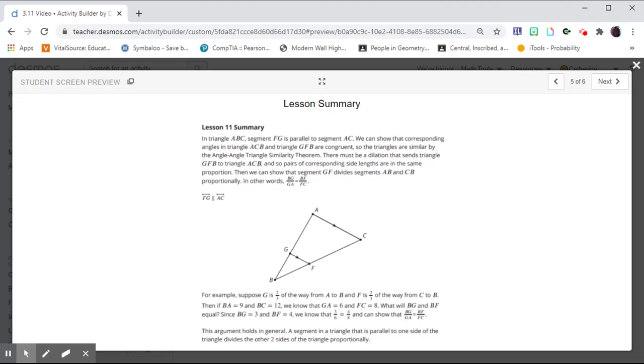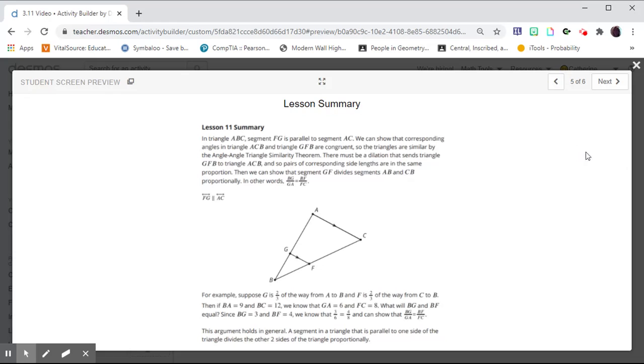Here we're saying that when we have a triangle and we make a line that's parallel to one of its sides, then we form a similar triangle. If those two segments happen to be parallel, then the two triangles that are formed are similar. Hopefully that makes sense to you guys.